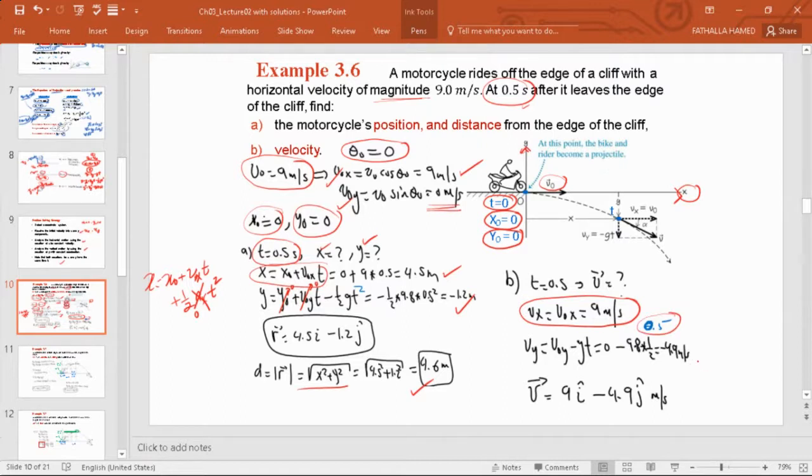And that gives you minus 4.9 meters per second. So after 0.5 seconds, your velocity now, the x component is 9 i hat, the y component is minus 4.9 j hat meters per second. And that's basically how we apply this problem. Is this clear? Any question on this one?